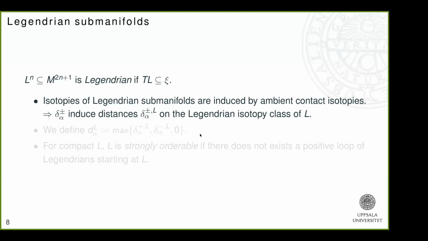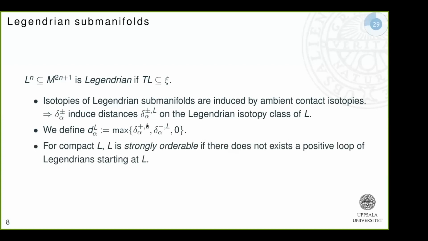In this way, we can again define this delta plus/minus, and we define d alpha, which is the maximum of delta plus, delta minus, and 0, which again defines a pseudometric on the isotopy class of the Legendrian. And again, we can define the notion of positive or non-negative parts of Legendrian.